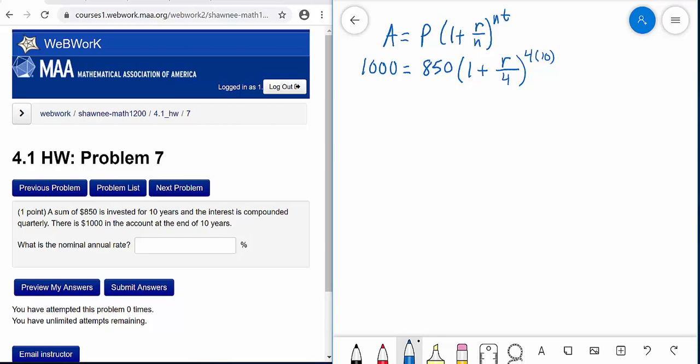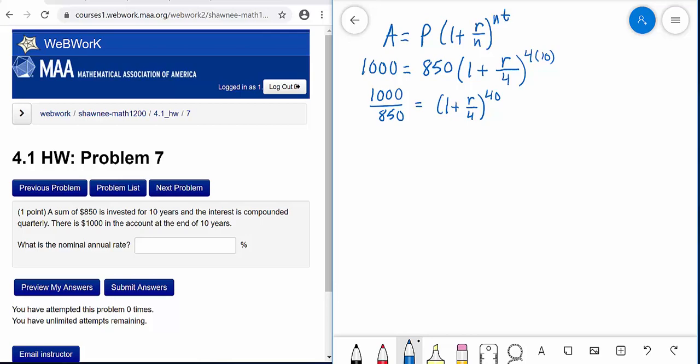The first thing I'm going to do is divide both sides by 850. So I get 1 plus r over 4, the quantity raised to the 4 times 10, so that's the 40th power. That will equal 1,000 divided by 850.